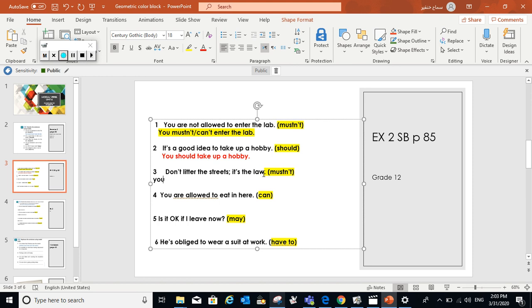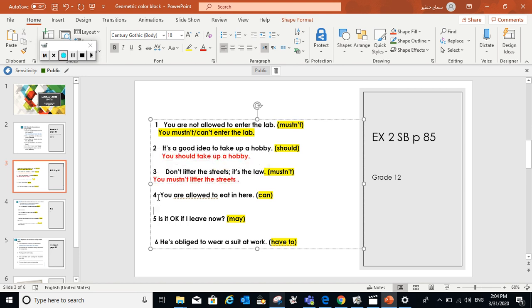You can say you mustn't. You mustn't what? You mustn't, and the verb, please, you are going to remove don't. You mustn't litter the streets. The meaning of litter the streets means make them dirty. It's the law. You can write it, okay? It's optional. You mustn't litter the streets.